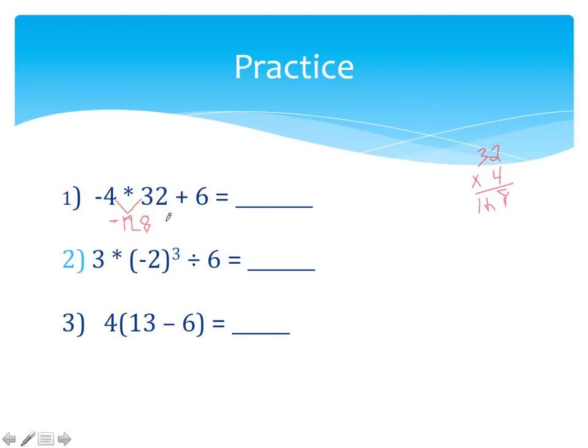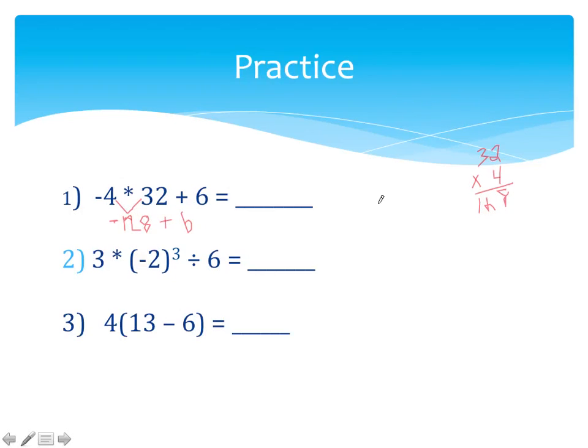All right, the next thing I'm going to do is bring my next operation down and the next number. All right, so now I have -128 plus 6, and since this is the only thing left, it would be my next step in my order of operations. So I'm going to ask myself, are the signs the same? And my answer in this case would be no, because I have a negative number and a positive number.